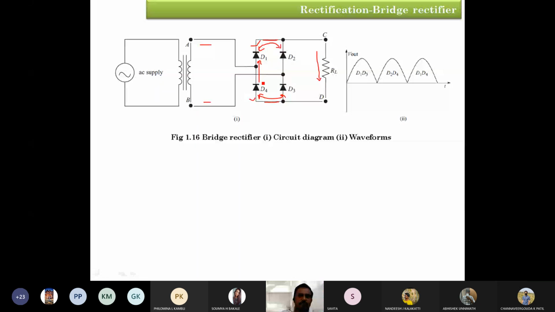For example, the line short circuited between D1 anode and D4 cathode is considered as one of the input lines. Similarly, diode D2 anode and diode D3 cathode are short circuited, and they are considered as the other input line. So this is the 4 diode bridge rectifier circuit.